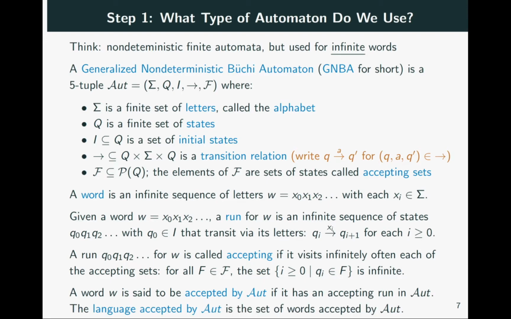Finally, the language accepted by 𝒯 is the set of words accepted by 𝒯. Again, as you can see, the notion of accepting a word and the notion of accepted language are similar to those for finite automata, just that they are adapted to work with infinite words. In particular, acceptance requires visiting each of the accepting sets infinitely often.